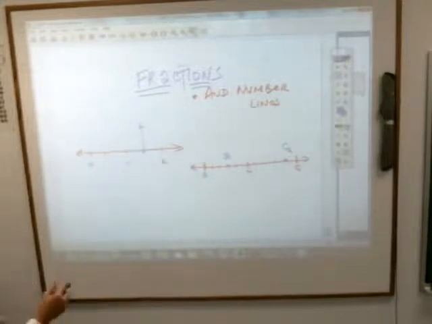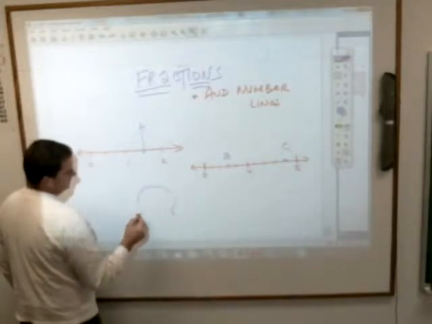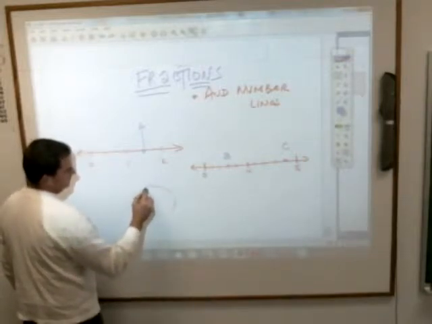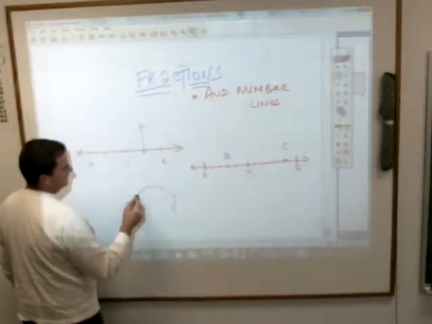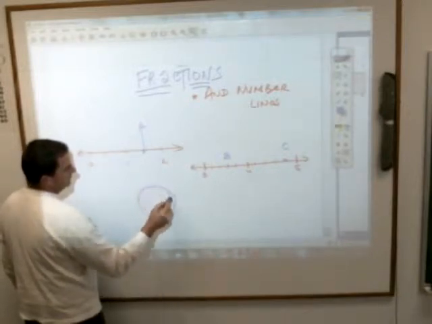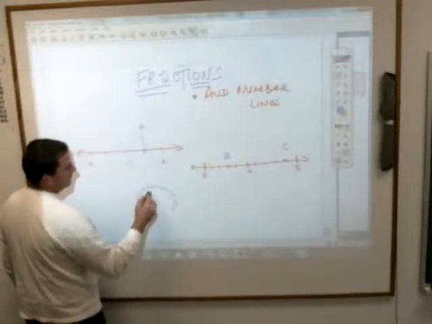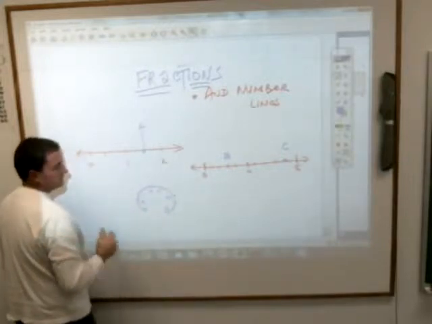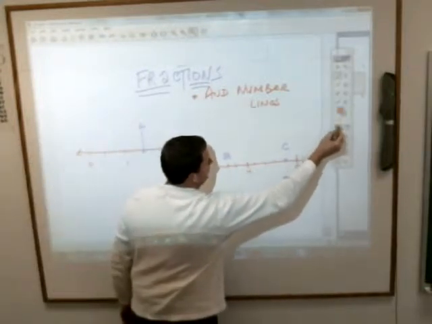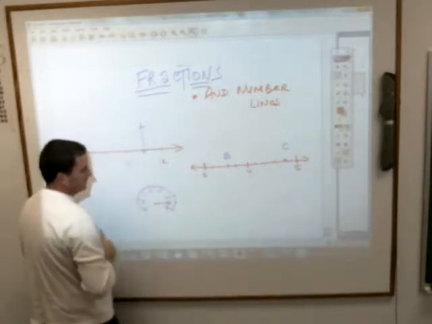Sometimes they take the number lines and they go like this, and they split those into these little things here. And it goes 0, 10, 20, 30, 40, 50, 60. And then sometimes there's a little arrow that goes here, points like that.